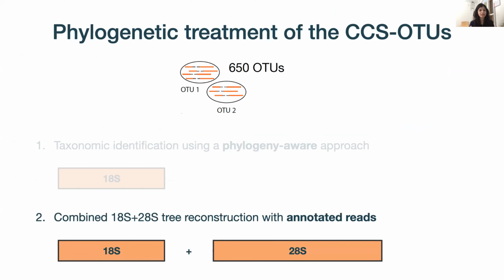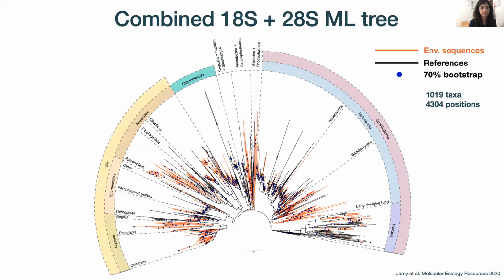And finally, once we had labeled our OTUs, we used both the 18S and the 28S genes to construct phylogenies to investigate the diversity of our soil samples. And this resulted in this global eukaryotic tree. So the branches in orange represent our 650 OTUs, and the branches in black represent reference sequences.